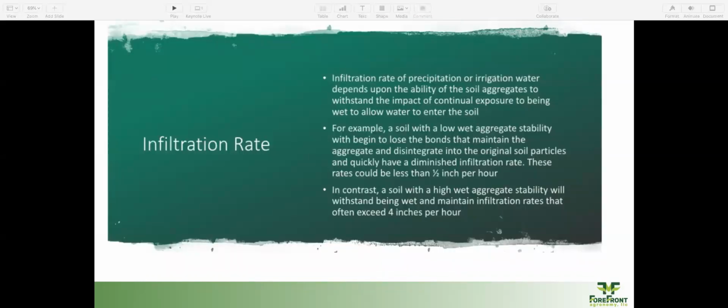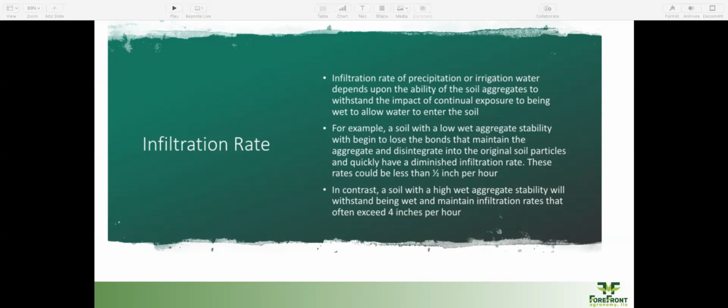So when we think about infiltration rate, it's the rate of precipitation or irrigation water that moves into the soil, and it's the ability of those soil aggregates to withstand the impact of that continual exposure to being wet. It's a very vital process. And so what generally happens whenever we have poor infiltration rates, we have a low wet aggregate stability.